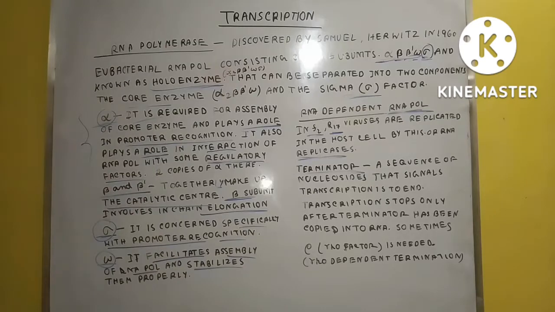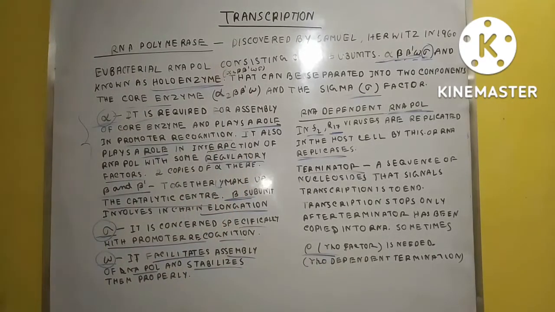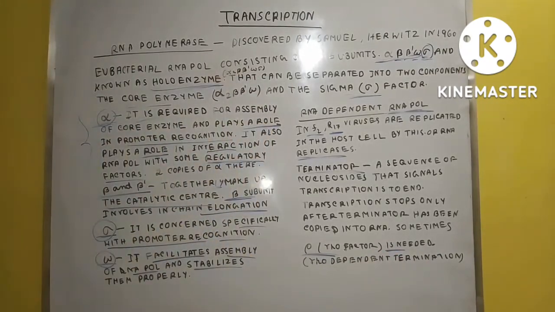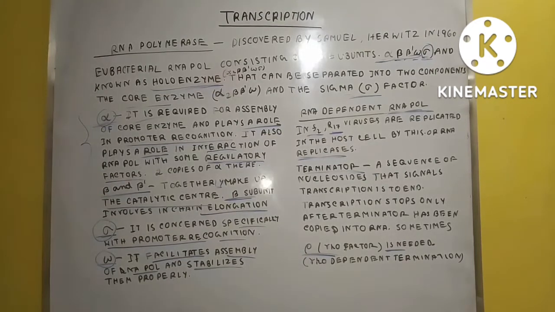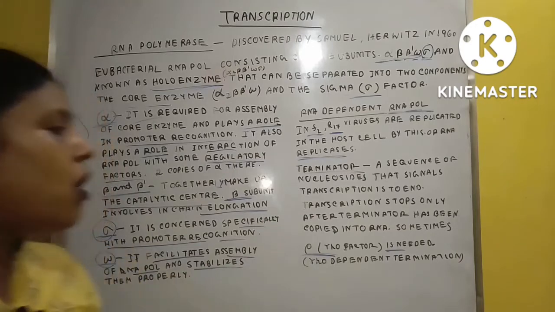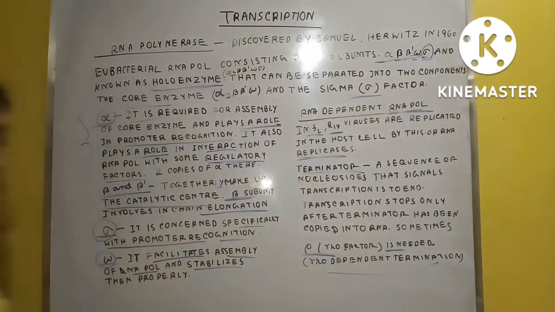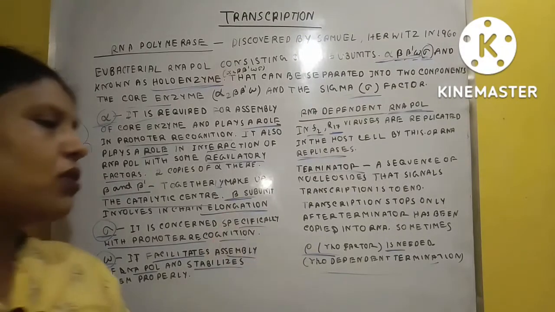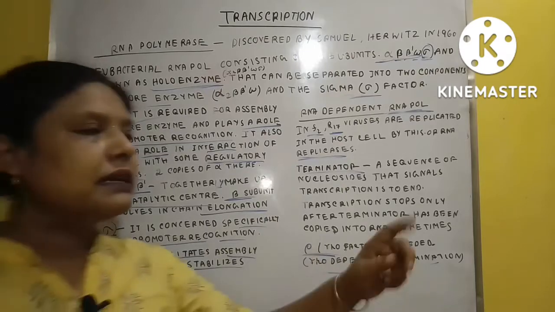Sometimes the rho factor is very important, because the rho factor helps to stop the transcription process. When the rho factor is needed for the transcription process to terminate, this is called rho dependent termination. When the rho factor is not necessary for the termination of the transcription process, this is called rho independent termination.